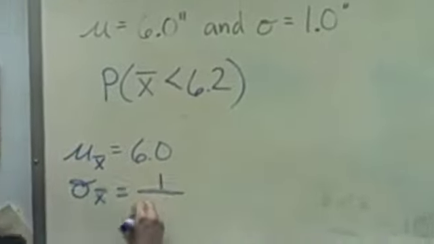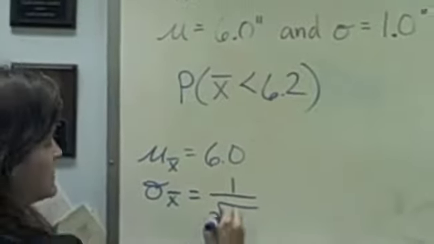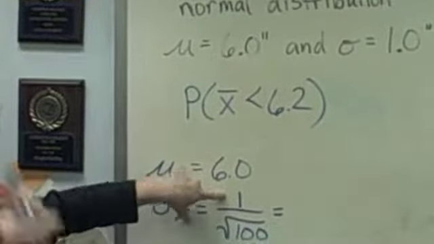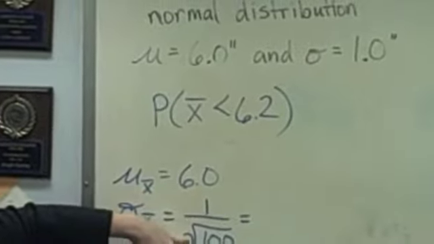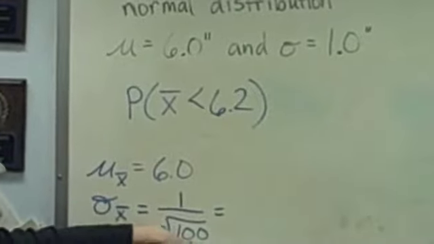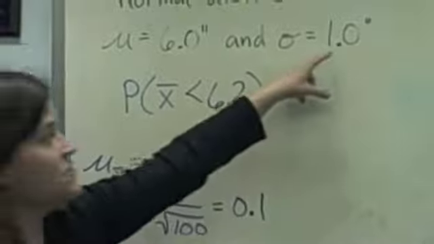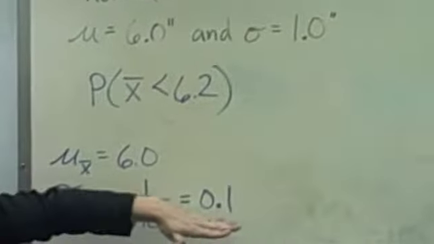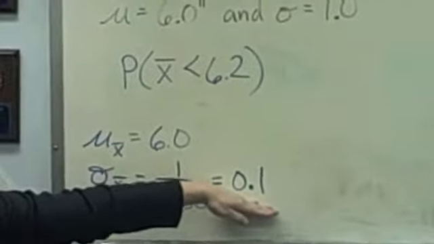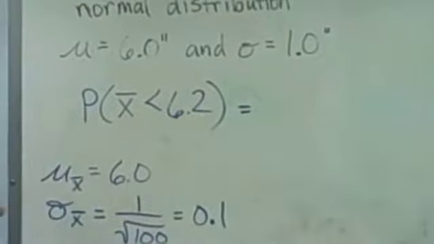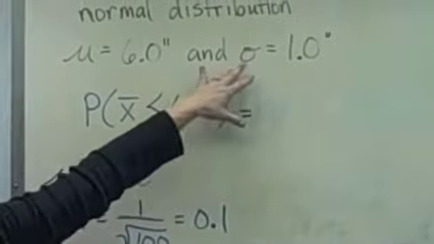It's going to change depending on how big your sample size is. It will be reduced by a fraction of the square root of your data size. So our standard deviation for the sample is no longer 1, like the original population. It's now 0.1. Okay, there's much less deviation of means than there is for the original data set.